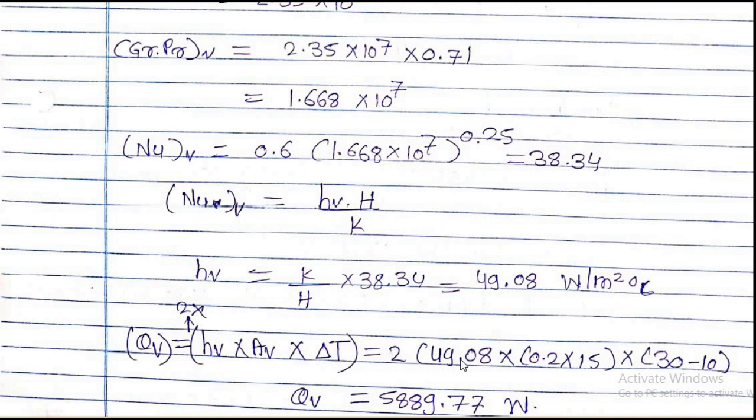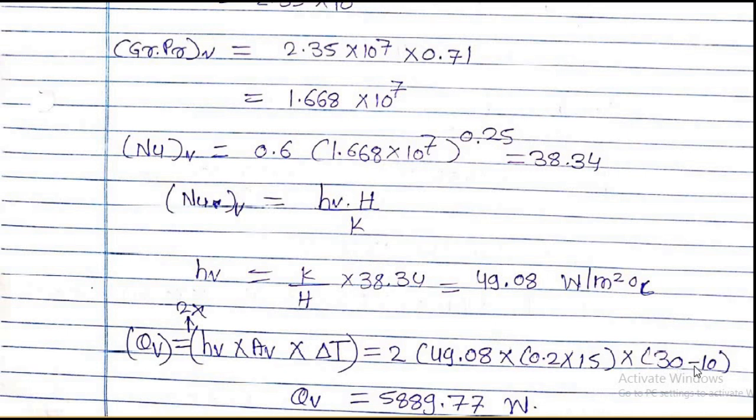2 into bracket 49.08, the heat transfer coefficient, multiplied by the surface area of the vertical surface, which is nothing but its height multiplied by length. So height is 0.2 meter and length is 15 meter, so 0.2 multiplied by 15 is the surface area for the vertical surface, multiplied by the temperature difference between the surrounding and surface.